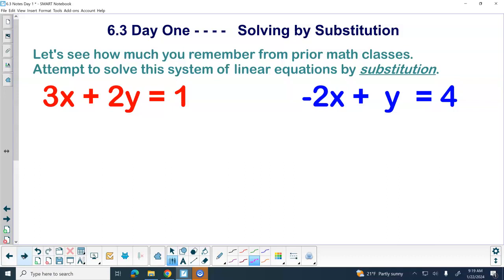Now, what I would like you to do is struggle through this. And maybe for some of you it's not a struggle, but I want to see what you know about this one. So I'm going to give you a couple of minutes to solve this system of linear equations. Red and blue are your 2 equations. Solve this system by substitution.